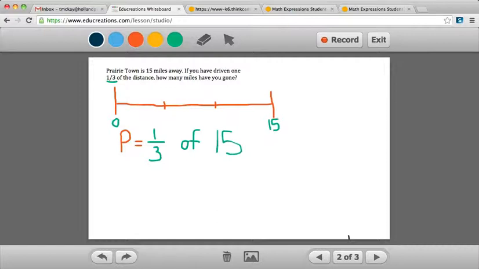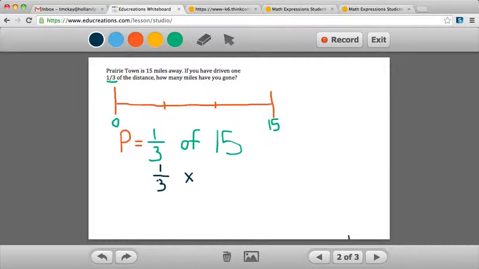So if we want to find the answer to 1/3 of 15, first of all, what does of stand for? Yes, that stands for multiply. Good. So we take 1/3 times 15. But can we leave 15 just as it is, or do we have to do something different with that?